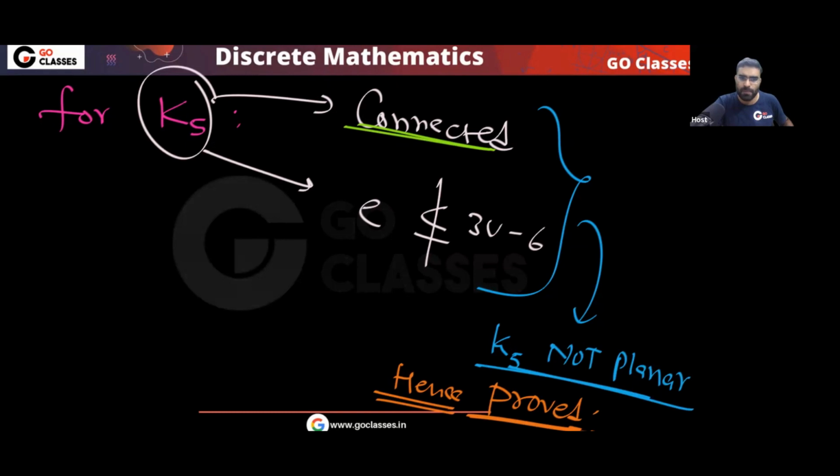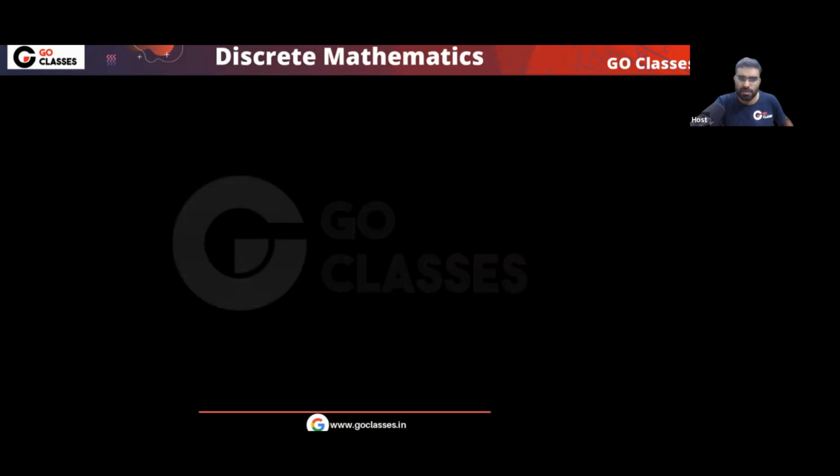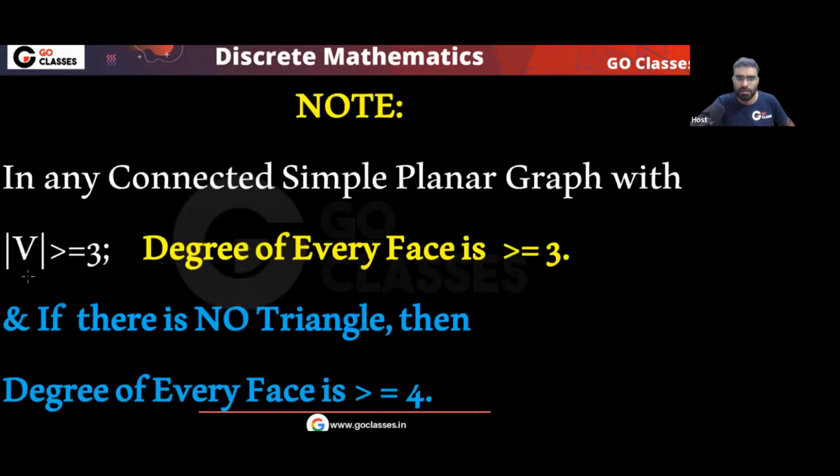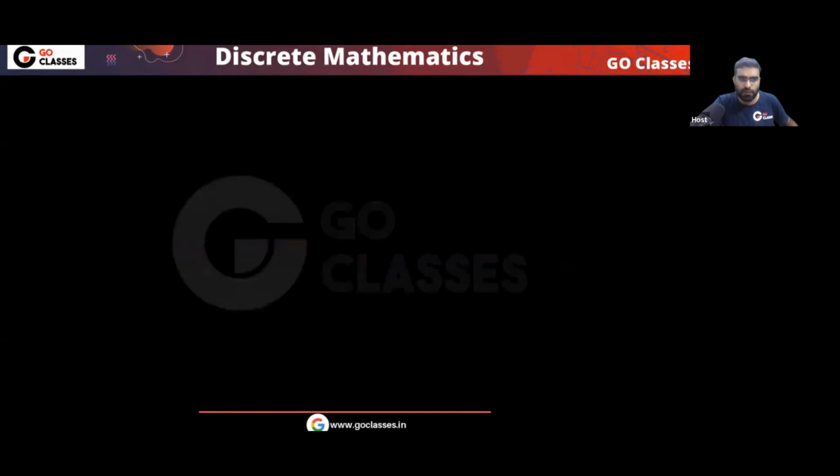So very simple. This result we have seen. Now let's see one more result, result number 2. Before we see result number 2, you tell me one thing. How can you have a degree 3 face in a planar graph?